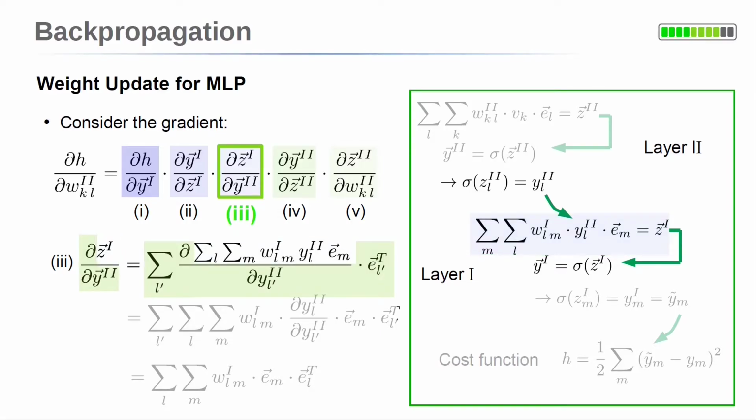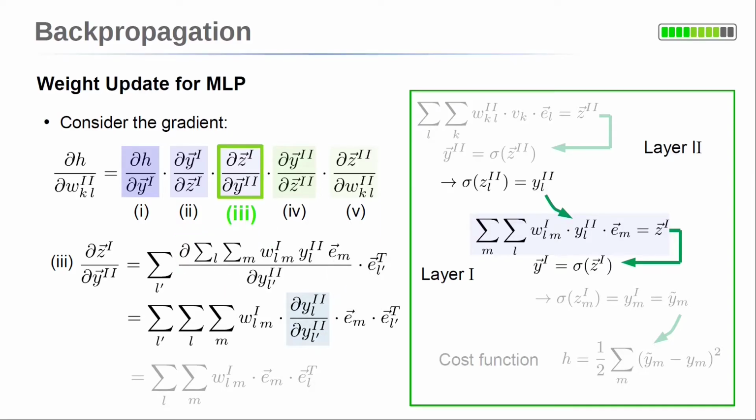The representation of the gradient with respect to the vector y of layer 2 is a sum over all components L' of the derivative with respect to y_L' of layer 2 times the corresponding transposed unit vector e_L'. We used different indices for the summations, so we can place the sums in front and the unit vectors behind the derivatives.